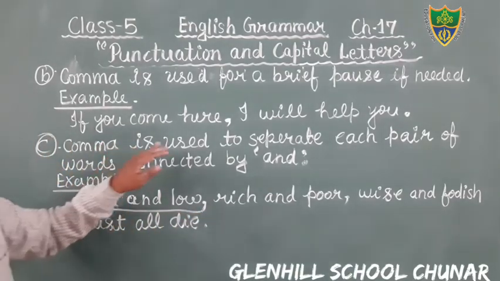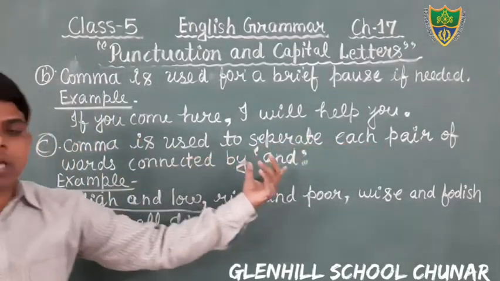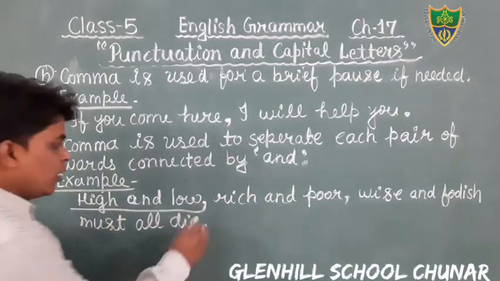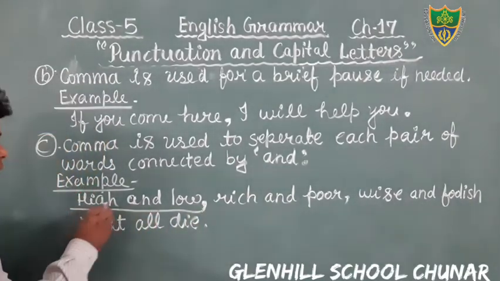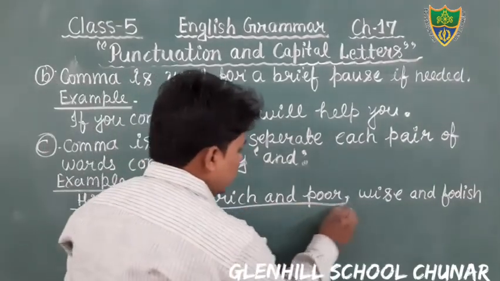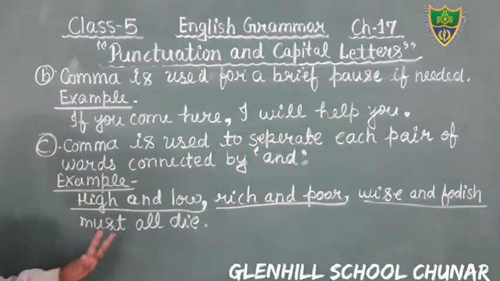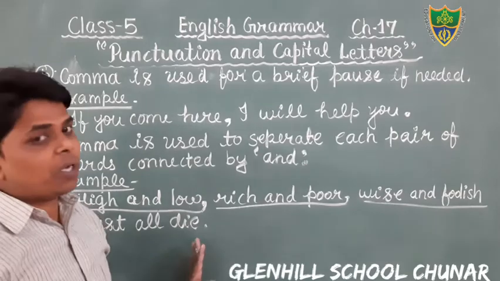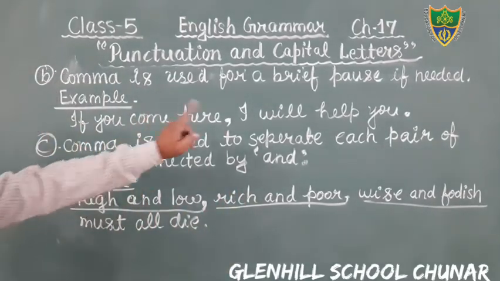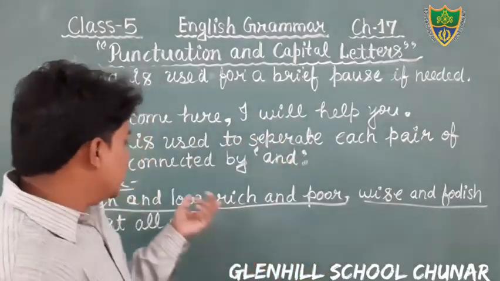As it is written here, comma is used to separate each pair of words connected with and. So here each pair of words is connected with and. You can see, high and low, one pair; rich and poor, another pair; wise and foolish, another pair. Must all die: everyone will die. So to separate each pair of words connected with and, we are taking a small pause.